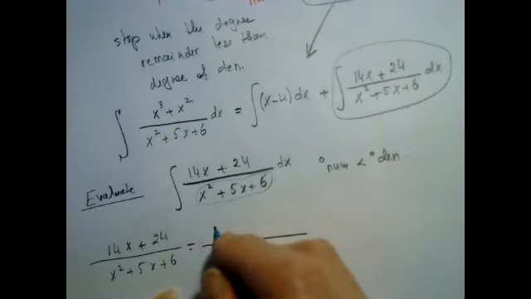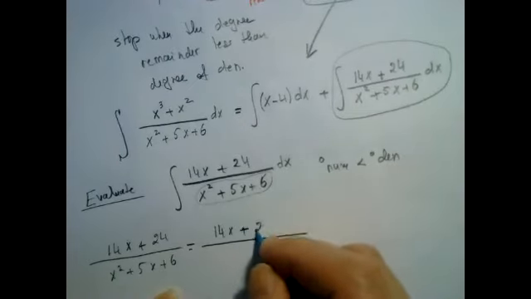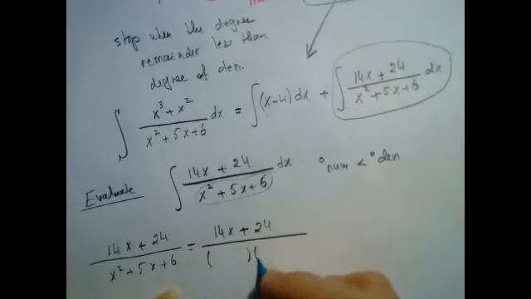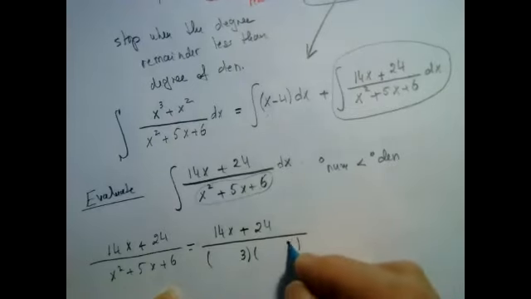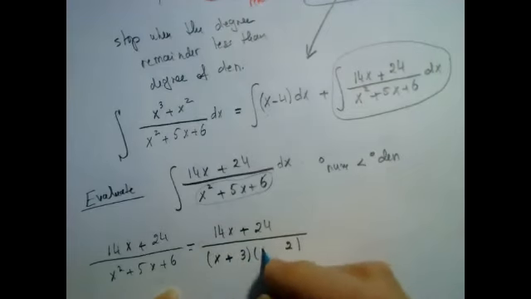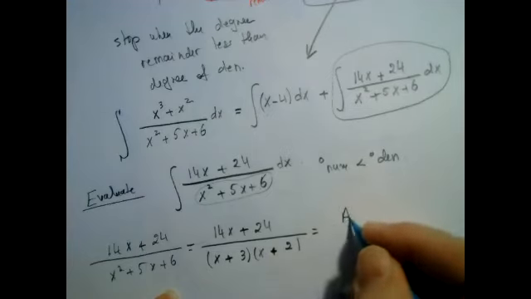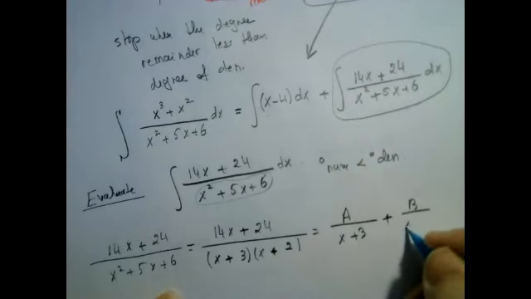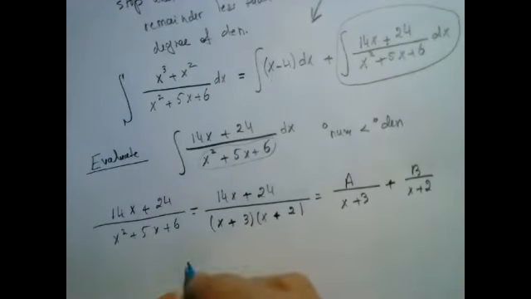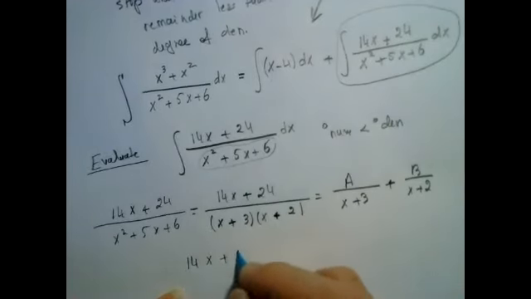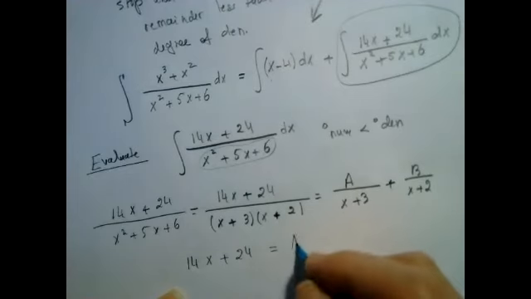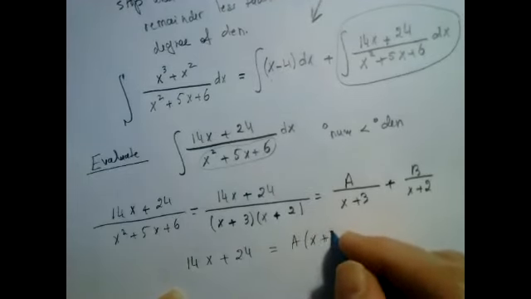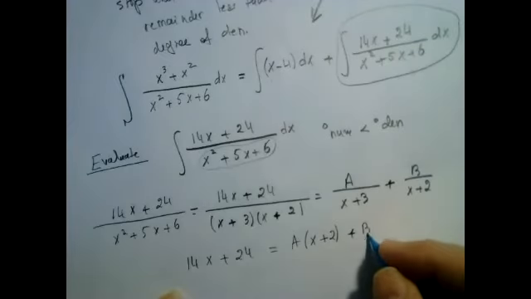So that's going to give me (14x) plus 24 divided by (x plus 3)(x plus 2), and now this is A over x plus 3 plus B over x plus 2. Now multiply across. It will give me 14x plus 24 is A times (x plus 2) plus B times (x plus 3).